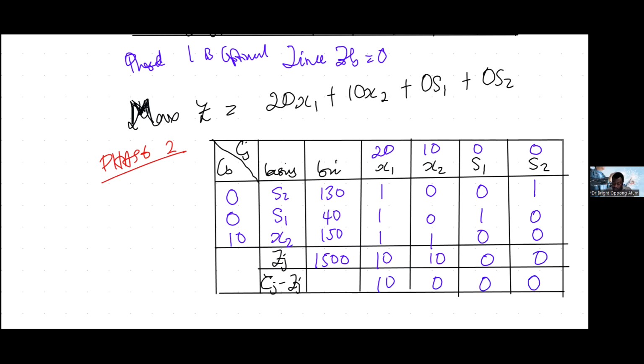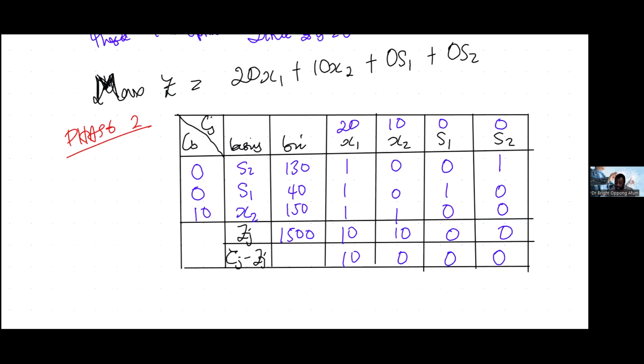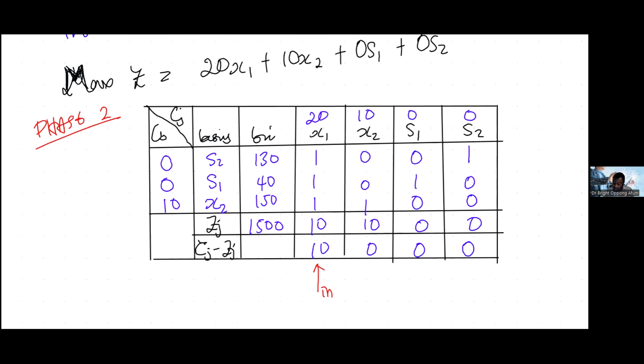All right, so having this, what then is our entering variable? We have this as our pivot column, right? Then we divide 130 by 1, which is 130. 40 on 1 is 40. 150 on 1 is 150.